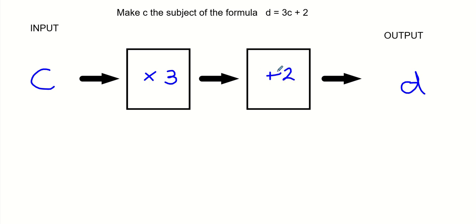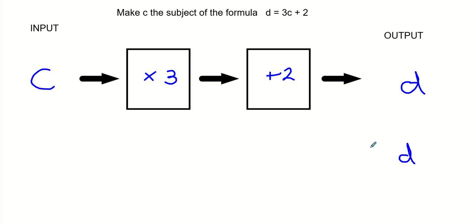And that has provided us with an output of d. When we're now making c the subject of the formula, what we're going to do is start with this value of d and go backwards through this function machine.